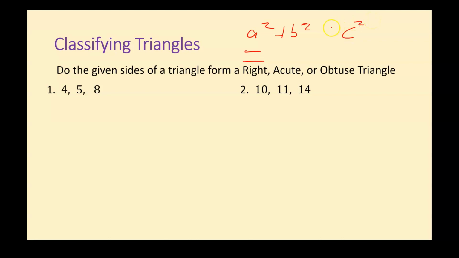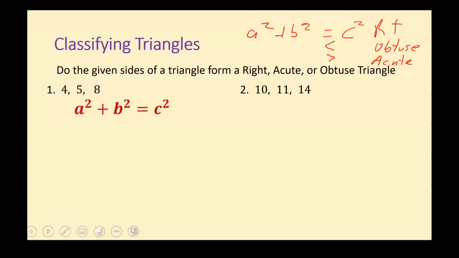If it's equal, it's right. If your c squared is bigger, you know it's going to be obtuse. And if your c squared is smaller, then you know it's going to be acute. So let's go through these.